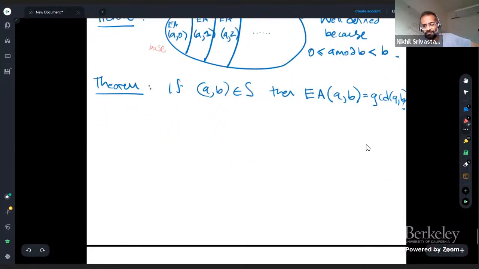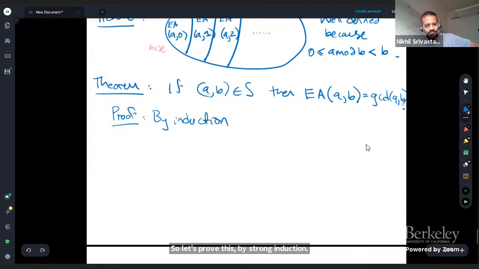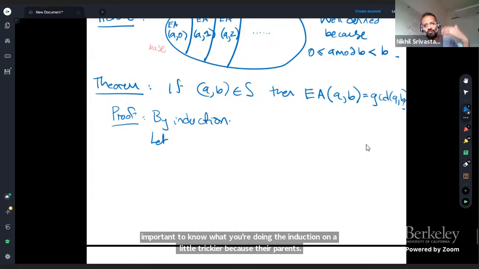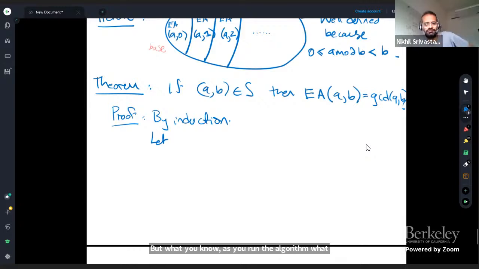So let's prove this by strong induction. It's very important to know what you are doing the induction on. It's a little tricky here because there are pairs. But as you run the algorithm, what number is going down?